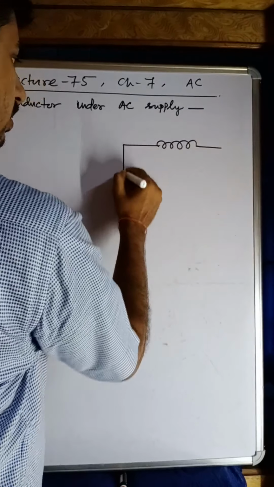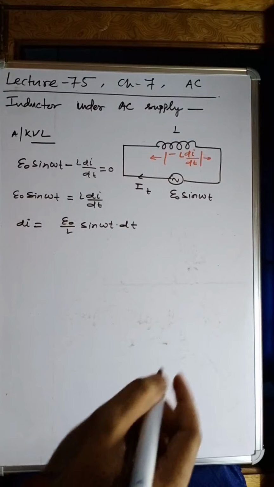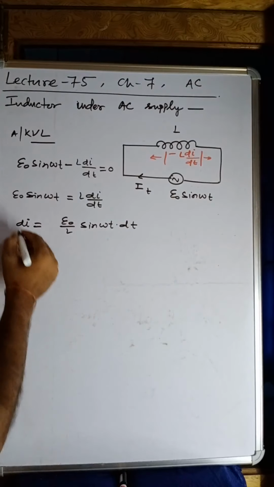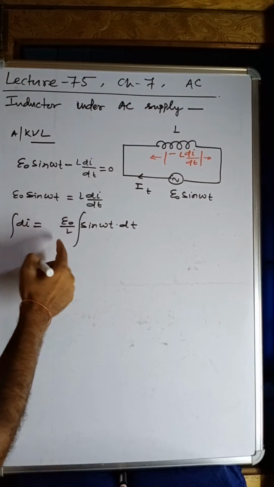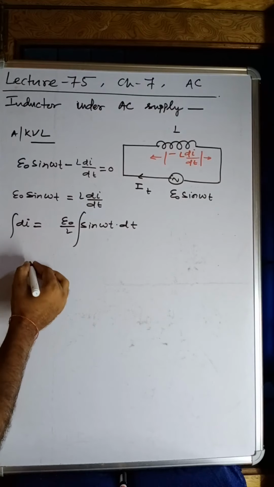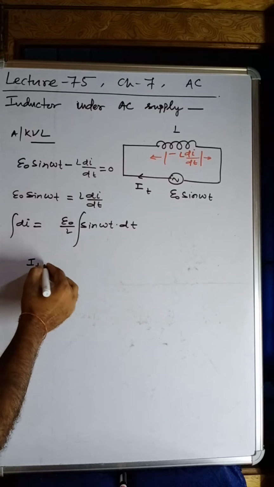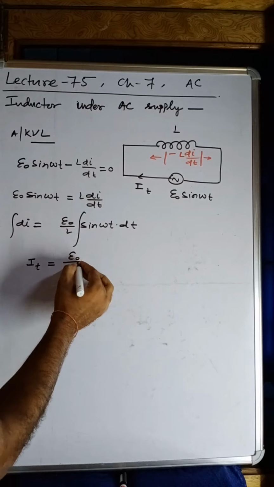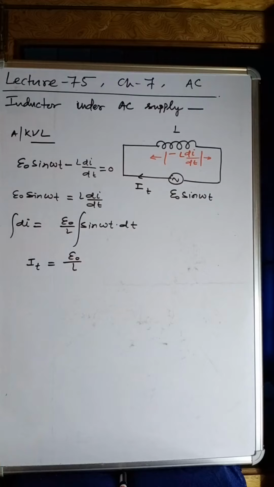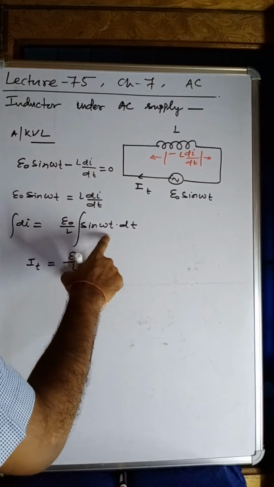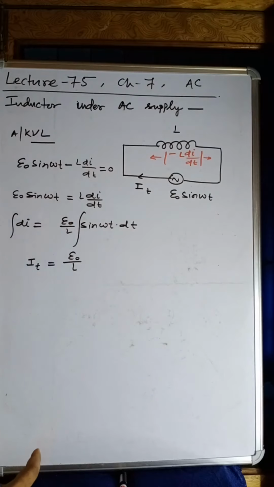We have to find the value of I, so we'll integrate with proper limits. This is all about the constant. Di will be I, since this is the instantaneous value, the current will be instantaneous. E naught by L, am I right? And sine omega t dt.